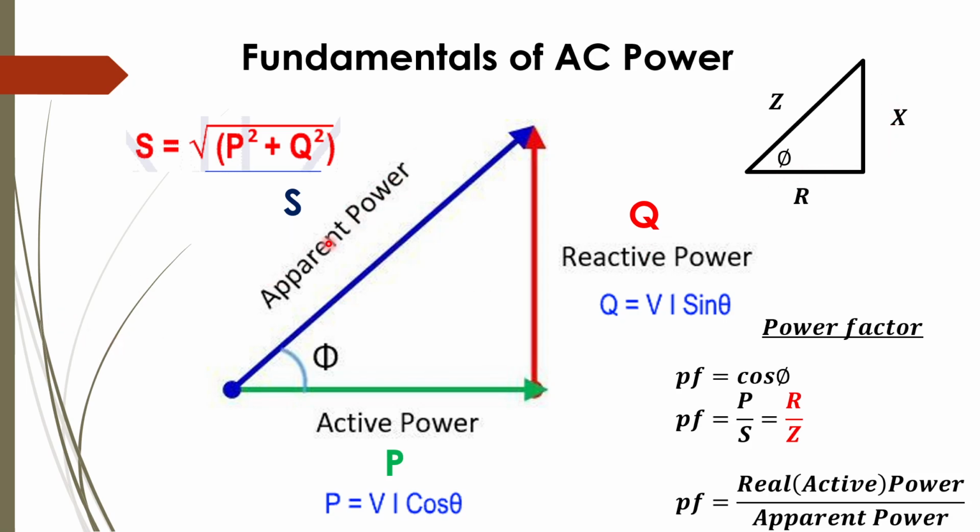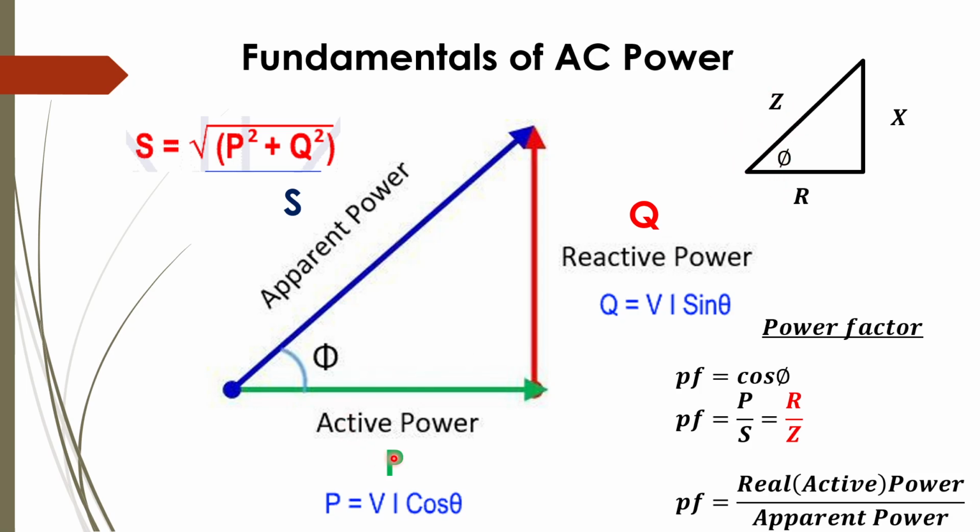The apparent power, which is the resultant power, gets replaced with the resultant resistance, which is the impedance, which carries the effect of the real resistance and the imaginary reactance. And you can apply the simple Pythagoras theorem. You have already been applying the Pythagoras theorem for impedance as well.